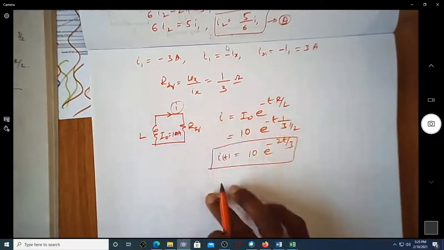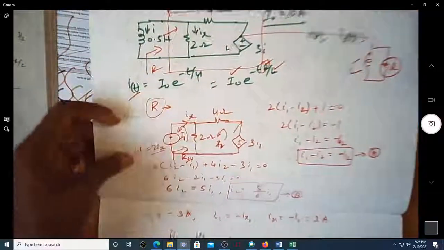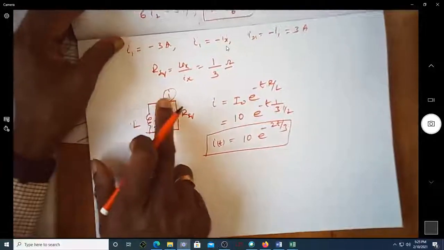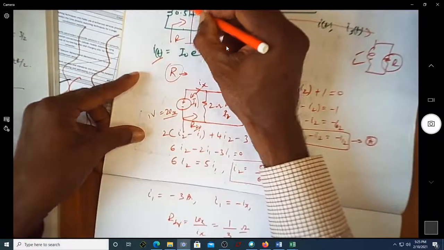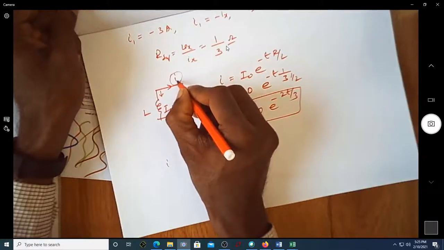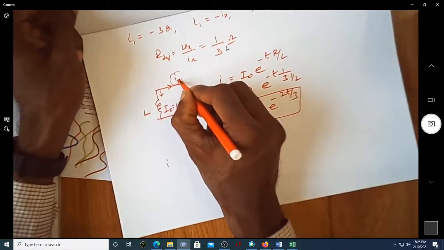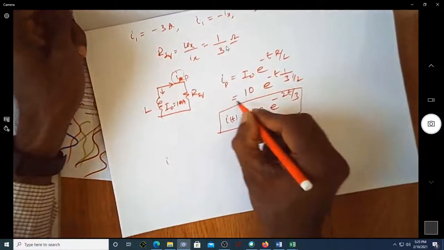But what is asked here is, you are supposed to find the current that is going into the inductor. What we have found is actually the current that is going out of the inductor. Suppose you write it as some IP, IP is equal to so and so.